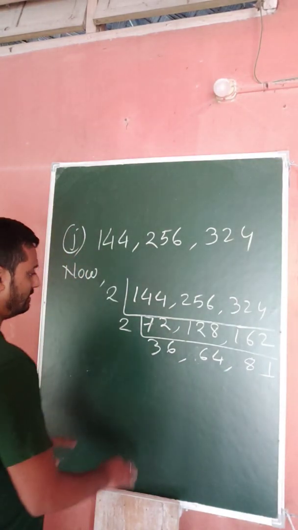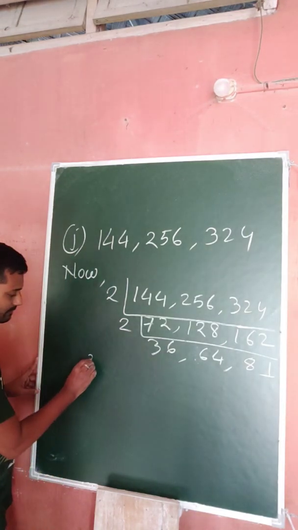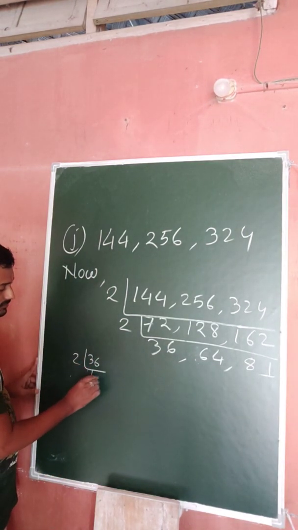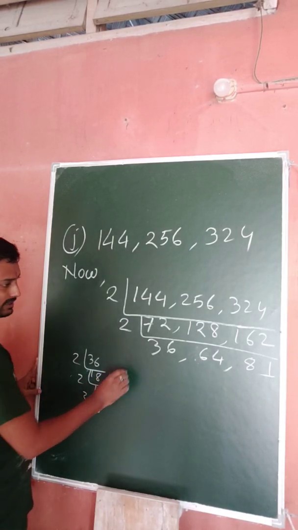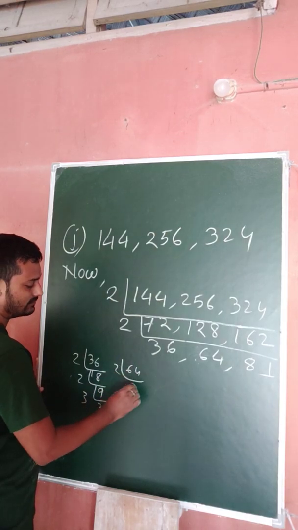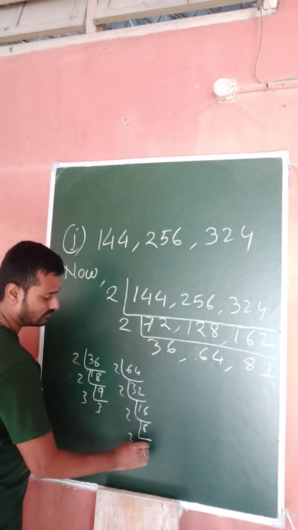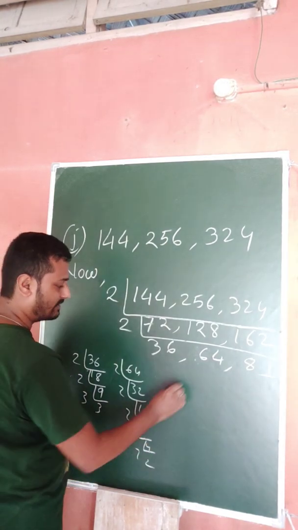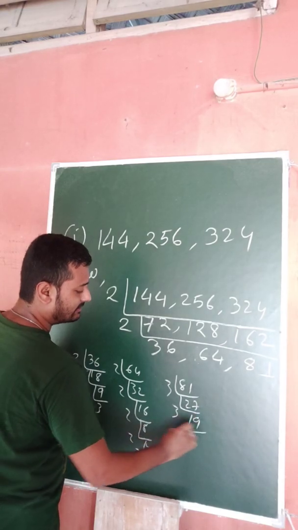So let us check by prime factorization because it takes time. The factors of 64: 2, 32, 2, 16, 2, 8, 2, 4, 2, 2. And 81: 3, 27, 3, 9, 3, 3.